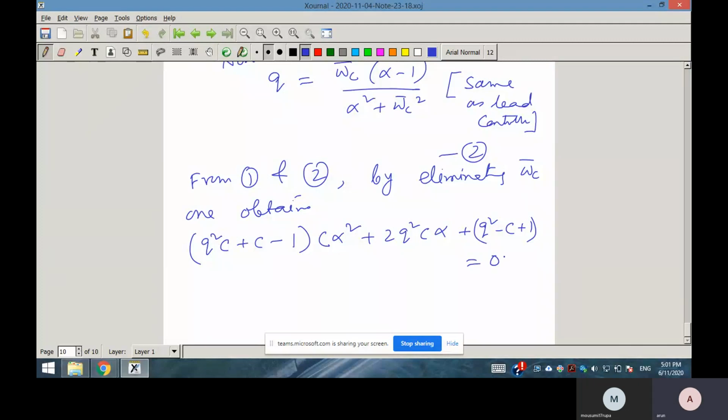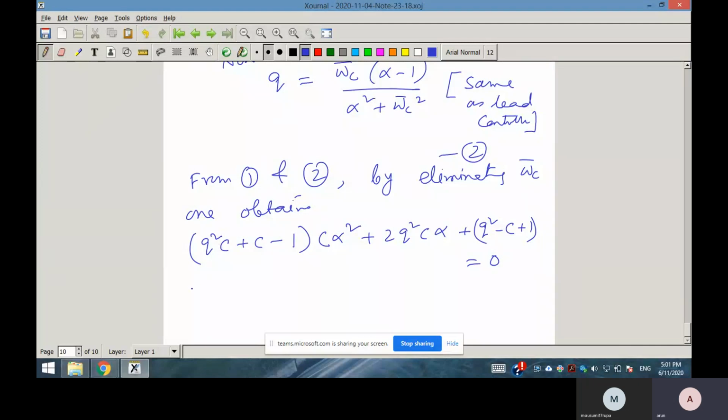So now what you have to do? Now we have to see the condition for existence of a solution. So here also, alpha is greater than 1. So a positive solution.